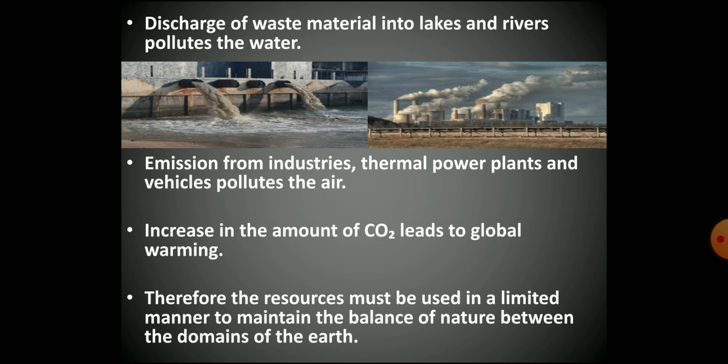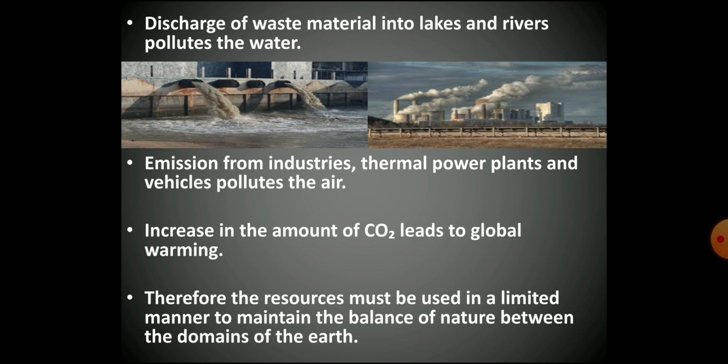Children, human activities have degraded these domains. For example, the discharge of waste material into lakes and rivers pollutes the water and makes it unsuitable for human use. Such polluted water also damages other forms of life. Another example is the industrial emission, or the emission from thermal power plants, or even from our vehicles, that pollutes the air.